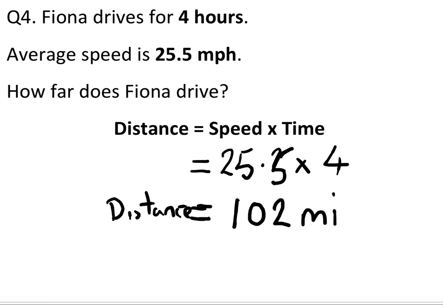And remember, you need to put in the units to get that little bit of an extra mark. And that's what you know in the exam. So it's 102 miles. So you put in the unit and that gives you another extra mark.